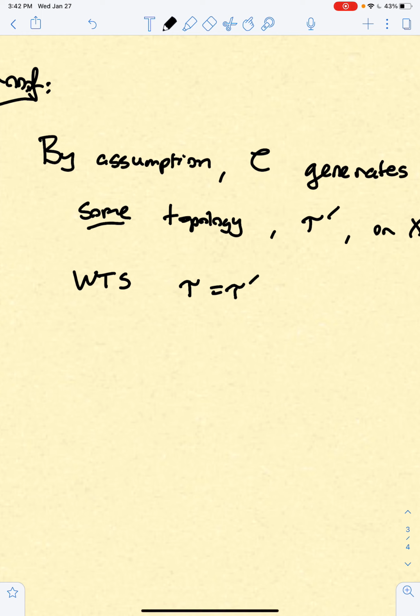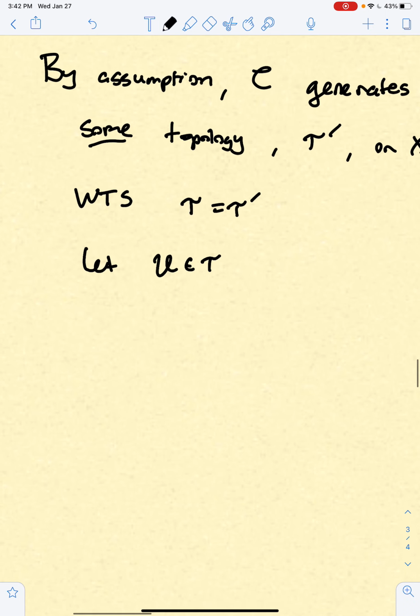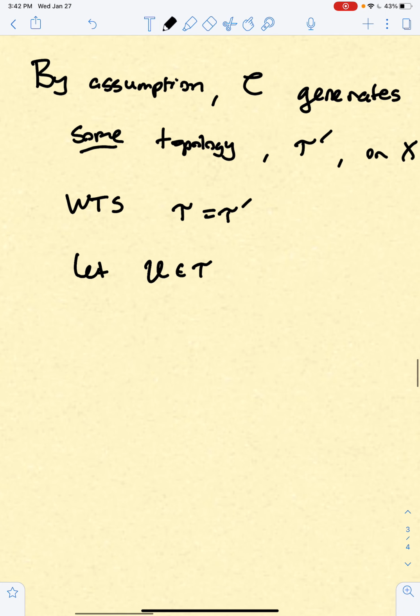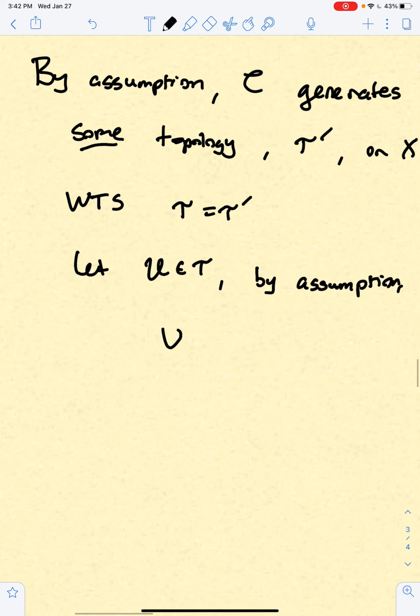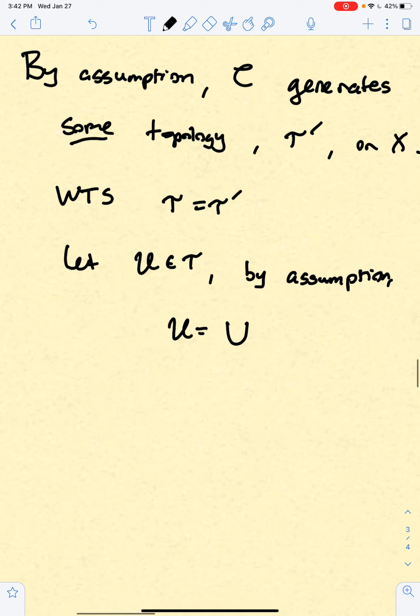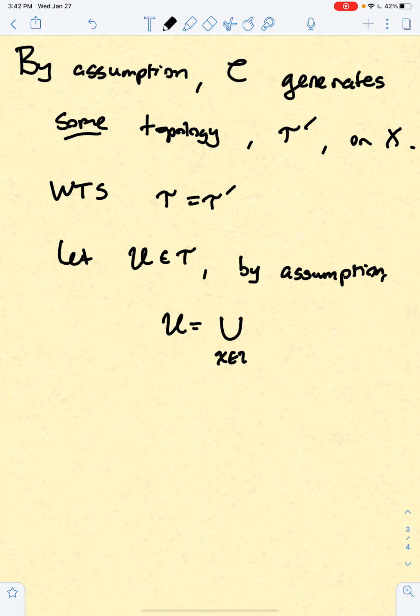To that end, let U be an element of tau, so an open subset of X. By assumption, I can write U as a union over all x in U of these elements C sub x.